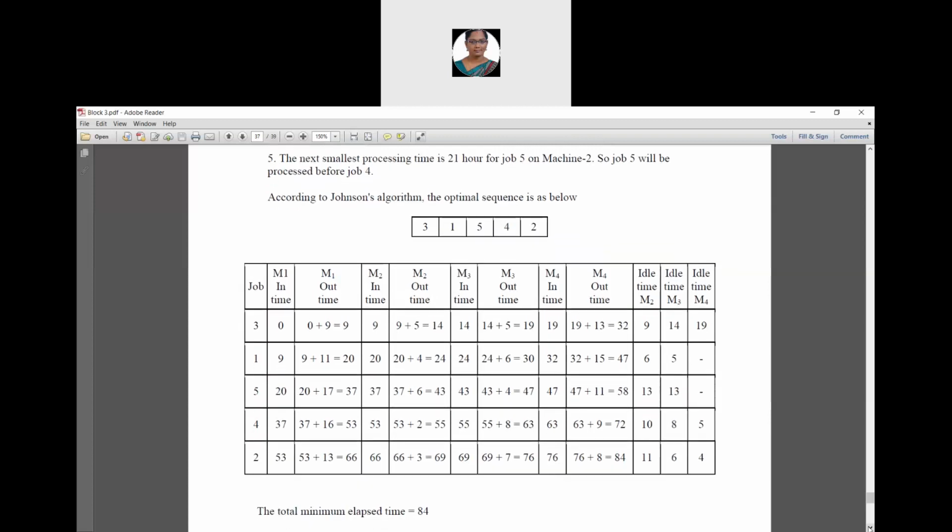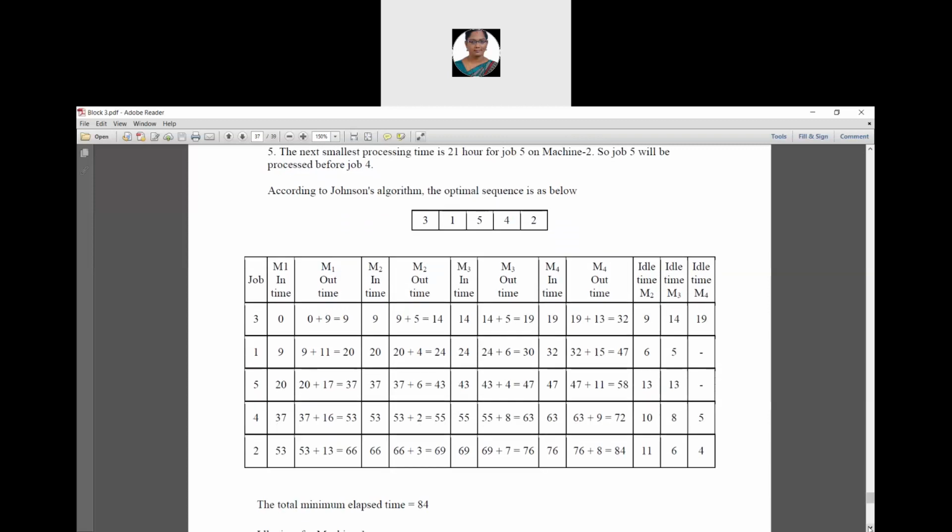So next we are going to find the in-out values for all the machines. In the first column, we write the jobs in the optimal sequence order 3, 1, 5, 4, 2.